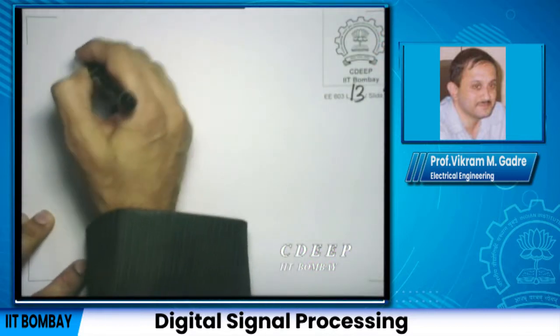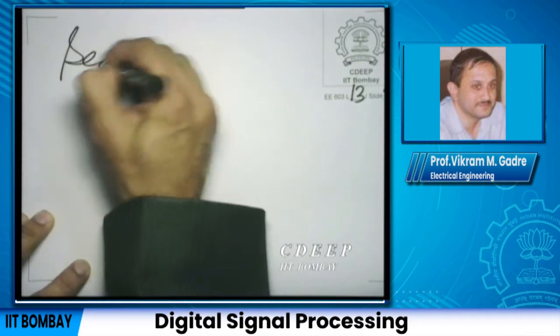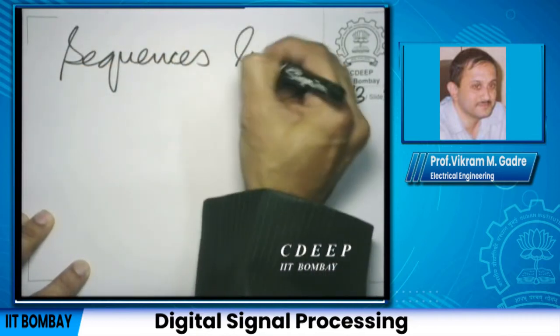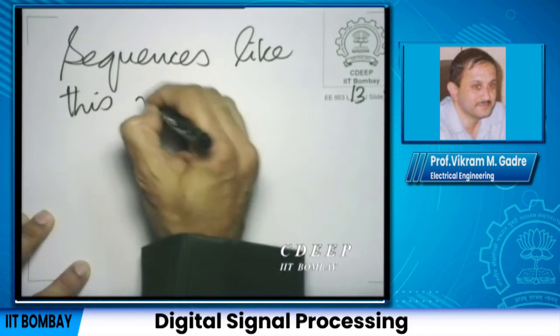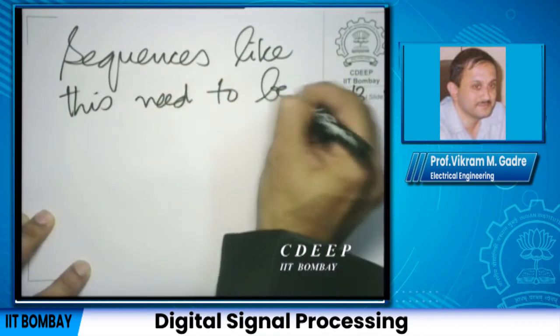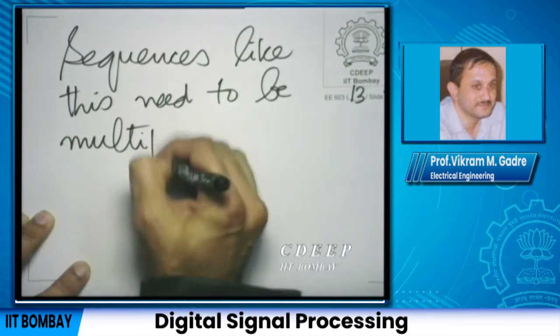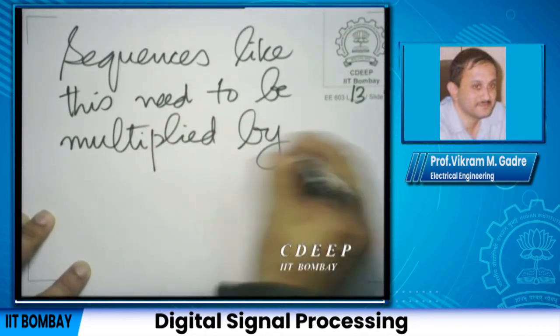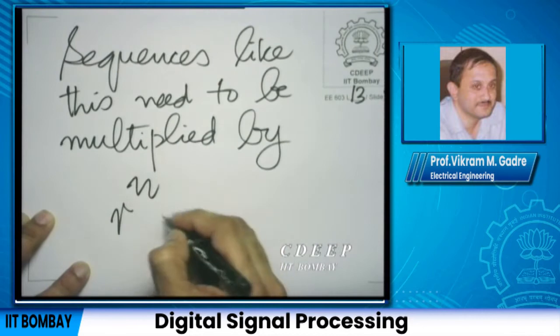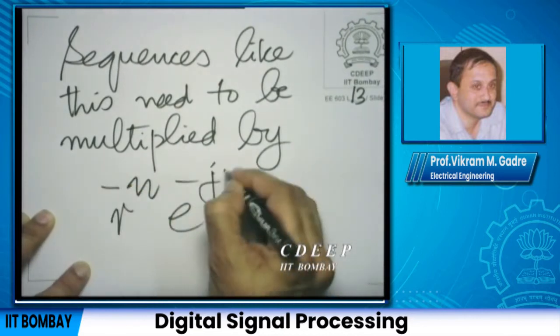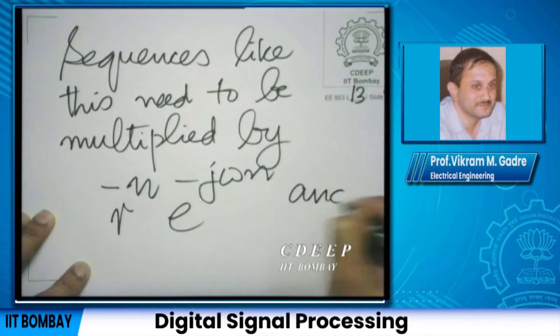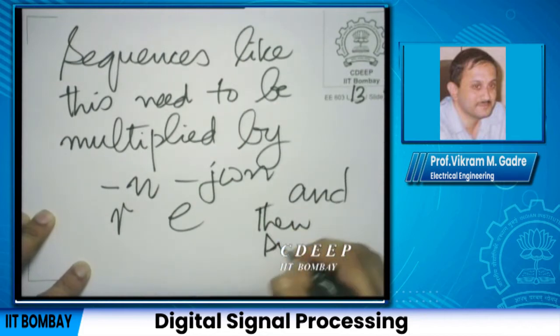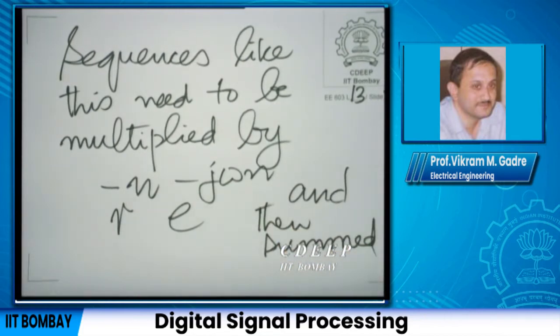So, sequences like this need to be multiplied by r raised to the power of n or minus n, e raised to the power minus j omega n, and then summed. r is like a radius and e raised to the power j omega is the angle.